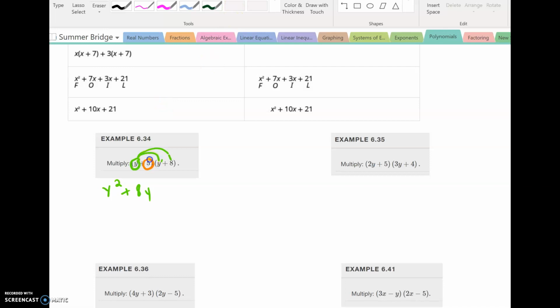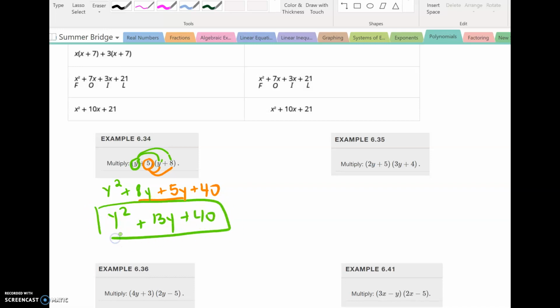Then we take the second term and multiply it to everything in the second parentheses. So 5 times y is 5y, 5 times 8 is 40. And then you combine your like terms. So you have y squared plus 13y plus 40. And that's your answer. These just take a little bit of practice.